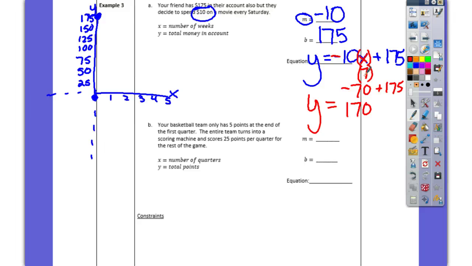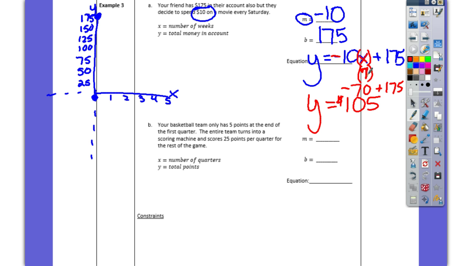No. How much? Not 170, what is it? What's a negative 70 plus 175? 105. There we go. Would have $105 left in their account. After going to the movie, how many weeks? How many weeks did we go? 7 weeks. You'd have $105 left.